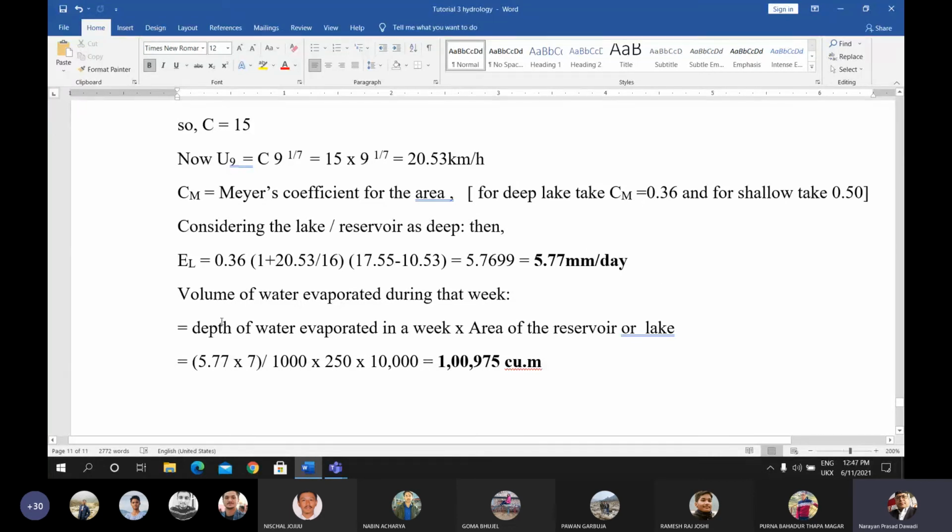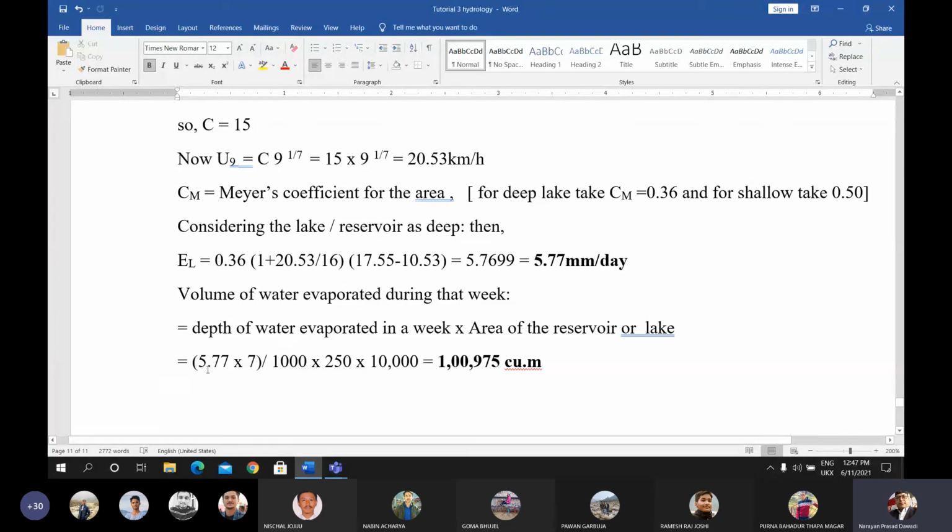Now, the volume of water evaporated during that week. This is mm per day, so for the week it must be multiplied by 7 days. The volume of water evaporated during that week is the volume evaporated per day times 7. 5.77 is in mm, so it is converted into meters by dividing by 1000.